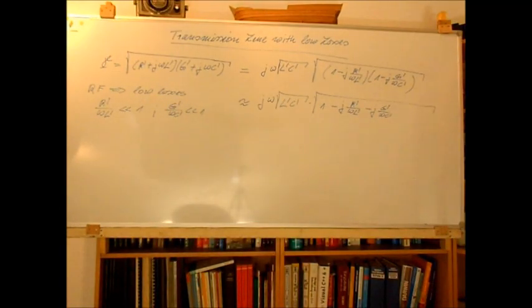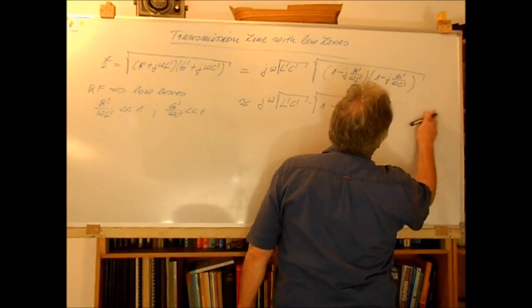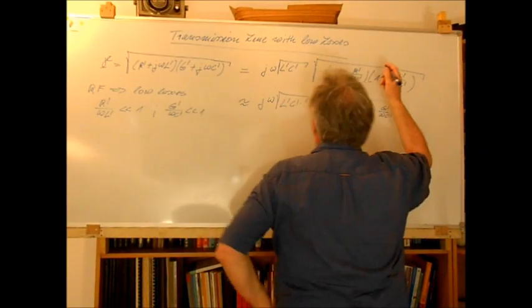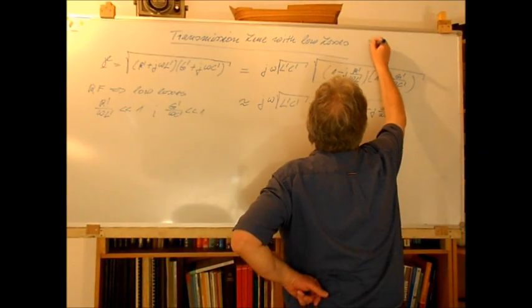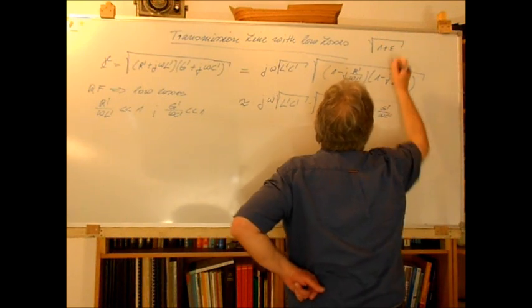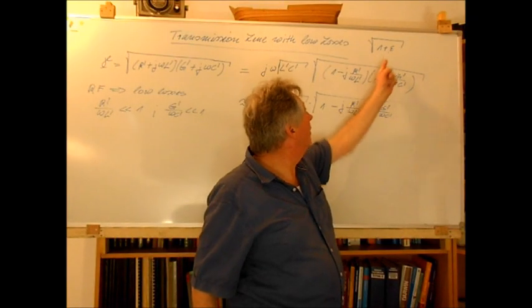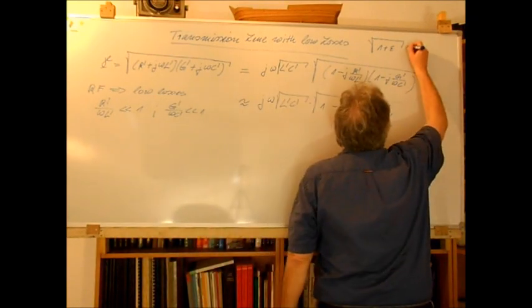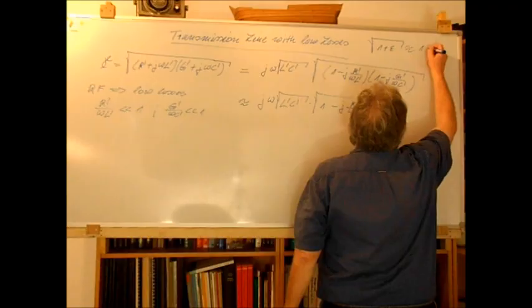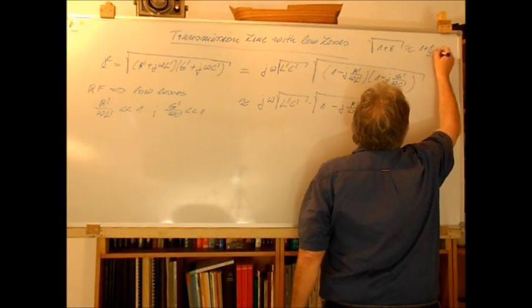so that we say this will be our approximation we use. And now we will do a further approximation from mathematics. We know if I have something like 1 plus epsilon, where epsilon is a small number, we can do an approximation: the square root is 1 plus 1 half epsilon.